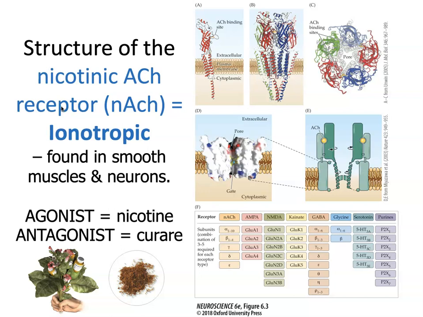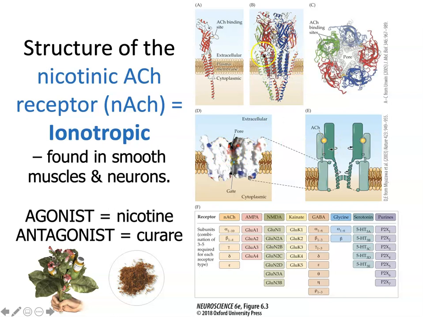They are going to form a pore that allows for passage of ions once all the different subunits of the receptor come together. You can see that the nicotinic acetylcholine receptor is made up of 5 subunits, 1, 2, 3, 4, 5, and that the alpha subunits, these red subunits, actually have the acetylcholine binding sites. So how does this work? They come together in the membrane.